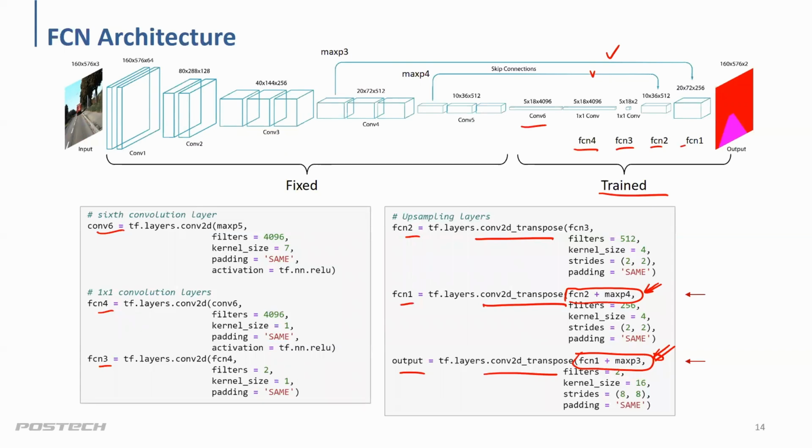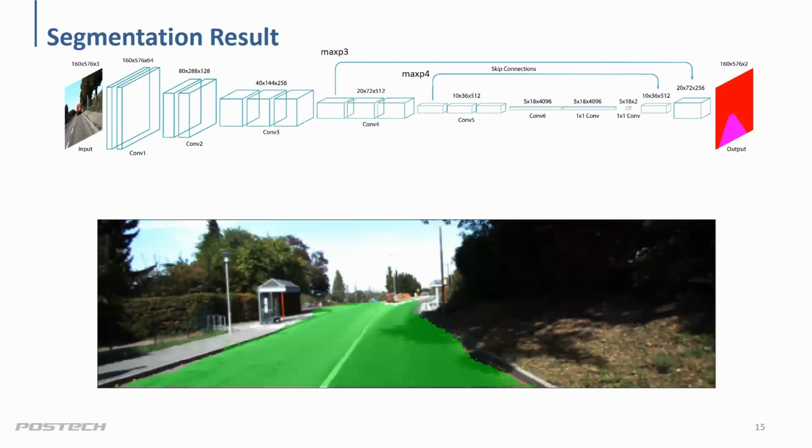Using that, this is the result that I got. Using this image, the green things are the segmented ones, and the FCN is going to tell us that this side is wrong. So you have to drive over there, not on that side.